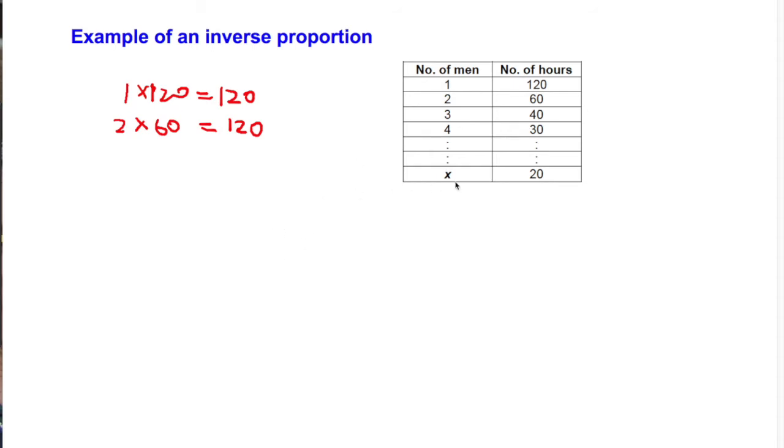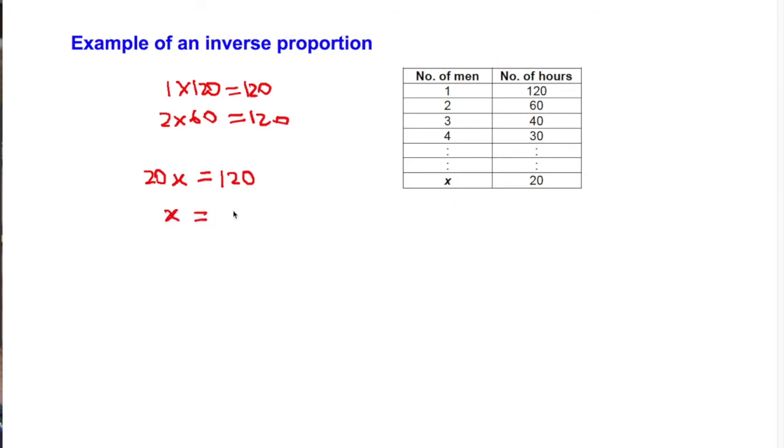That means that it is possible to find an unknown number of men, X, by multiplying it with the number of hours, which is 20, and equate it to this fixed value. Therefore, X is 6. 120 man hours is actually the time required to complete the job.